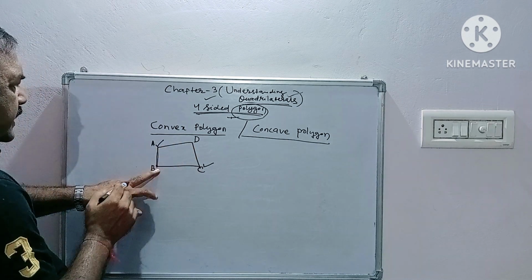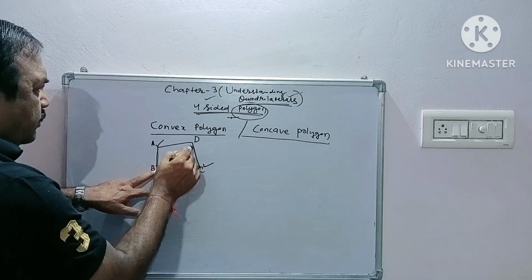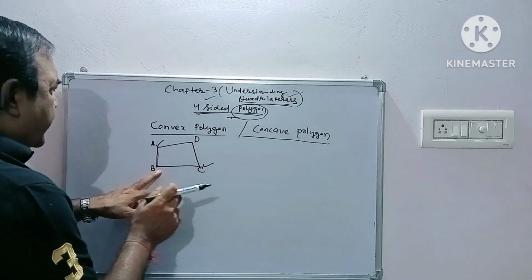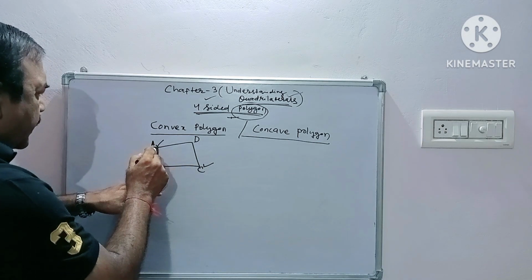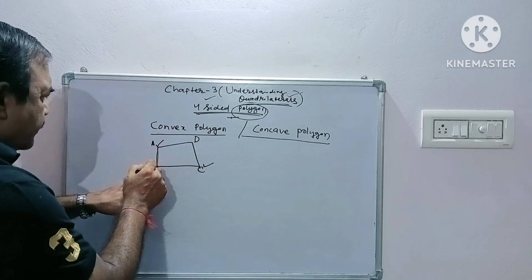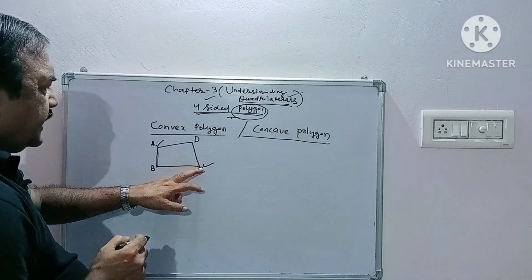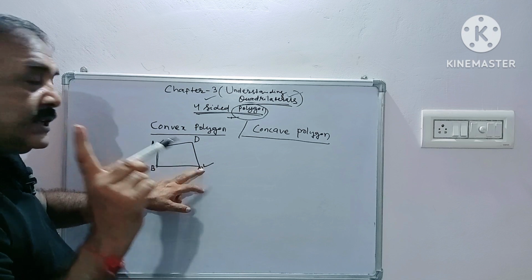You see in this figure, from B you may move to C, from C you may move to point D. So which are the two consecutive points of the point B? Point A and point C are the consecutive points of B. For the point C, point B and point D are two consecutive points.